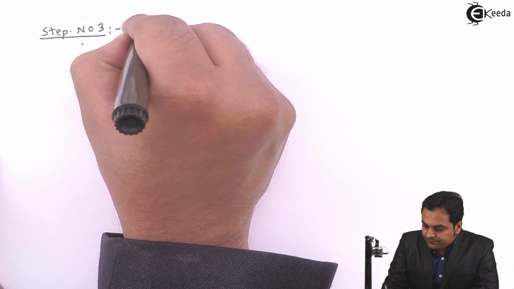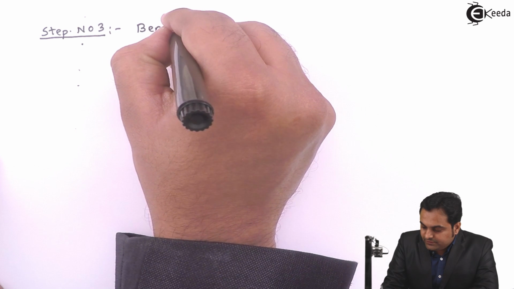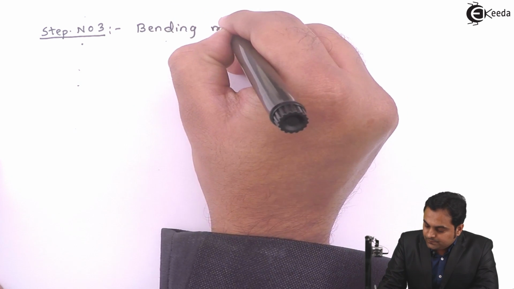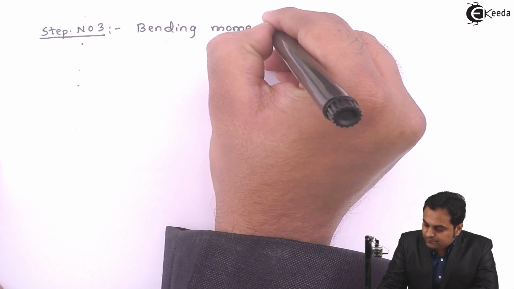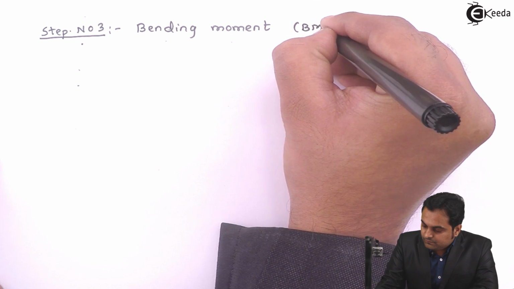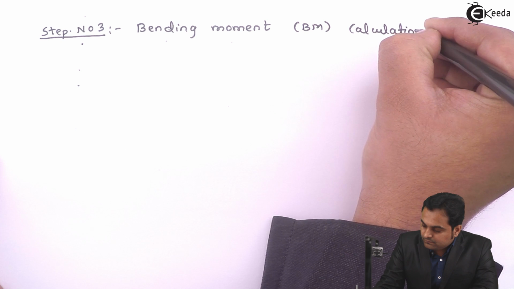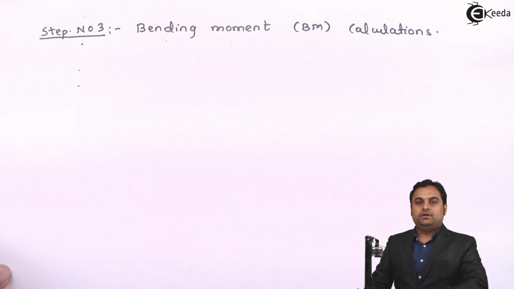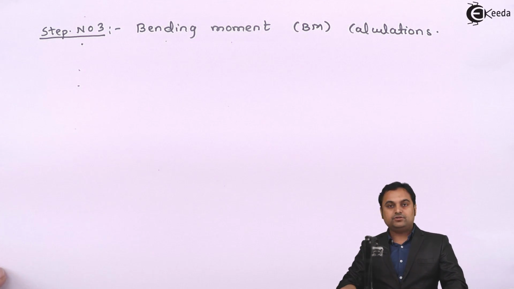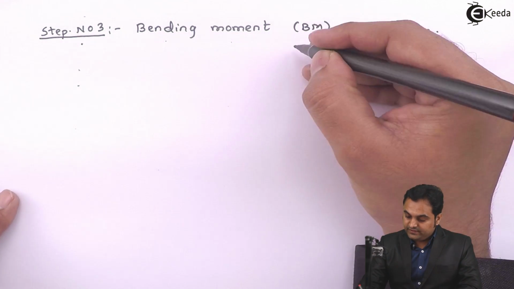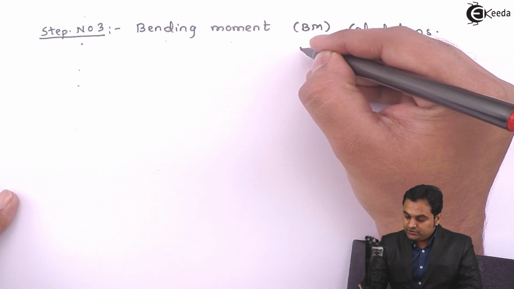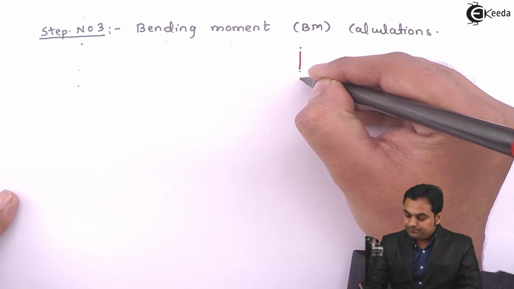Bending moment calculations. Again for bending moment calculations also we should have the sign convention first, without which we cannot solve the problem.